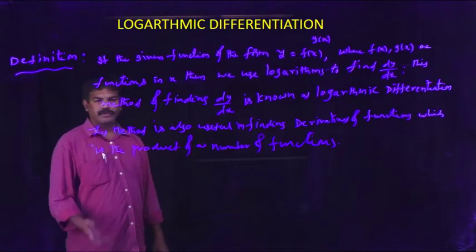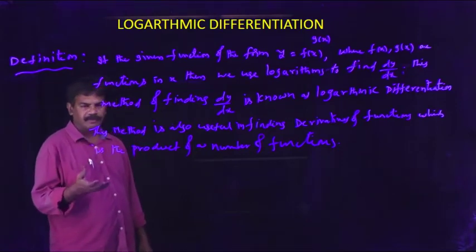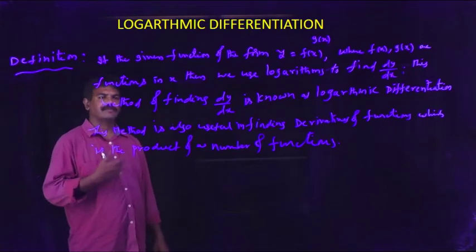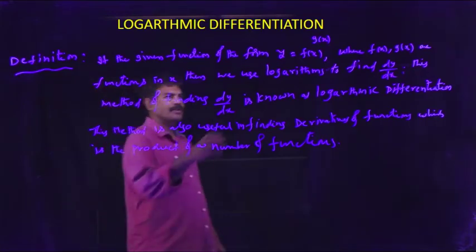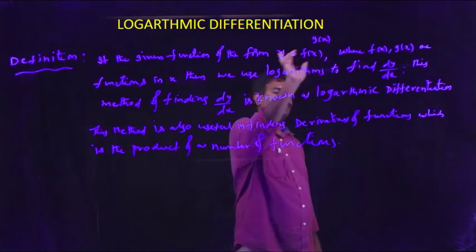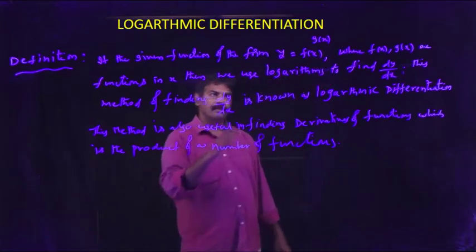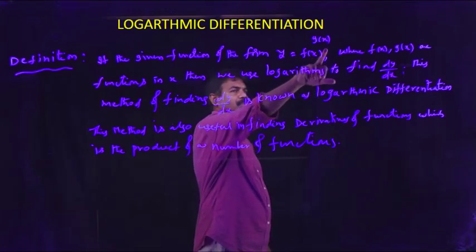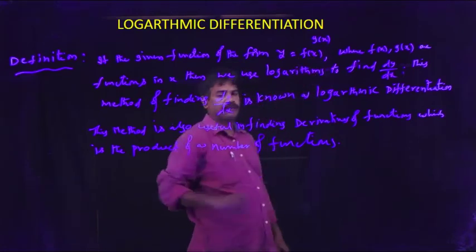So we have already three formulas for power, that is e power x, a power x, x power n. But here also this is y is equal to f of x power g of x. In this function, two variables are there. Both f of x and g of x are variables.